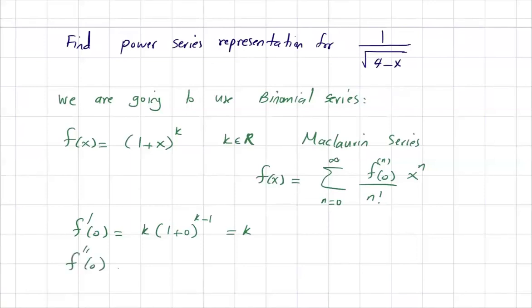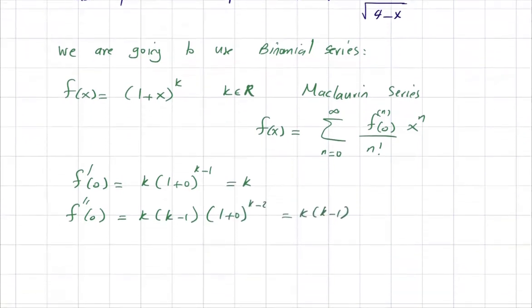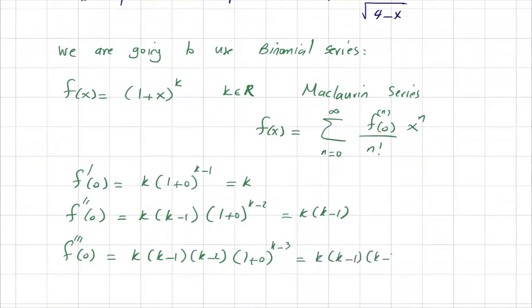The second derivative at 0 is k times k minus 1 times 1 plus 0 to the power k minus 2, which is k times k minus 1. You can continue this process. The third derivative at 0 is k times k minus 1 times k minus 2, times 1 plus 0 to the power k minus 3, which is basically k, k minus 1, k minus 2.